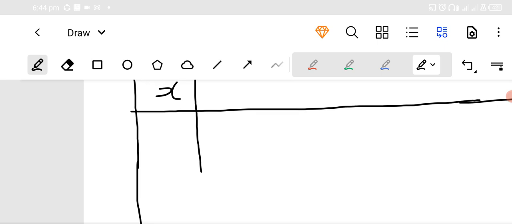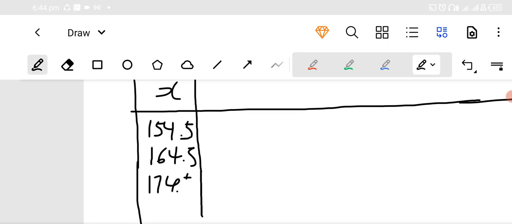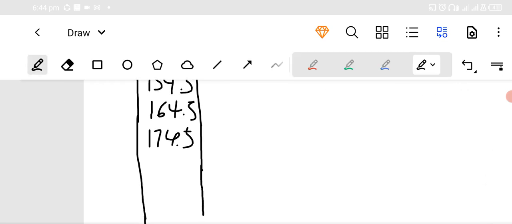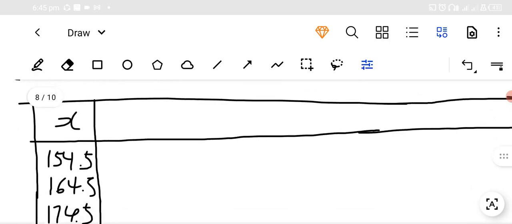So it's going to be 154.5, and then you have 164.5. Yeah, we can extend this. Then you have 174.5. You can extend this more. You have 184.5. Then you have 194.5. Like that. Then we go to the frequency column.